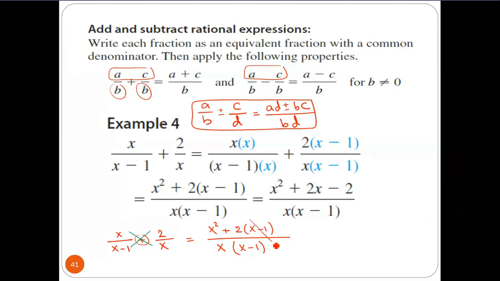Don't cancel x minus 1 with x minus 1. This is a big mistake. Why? Because we have addition here.